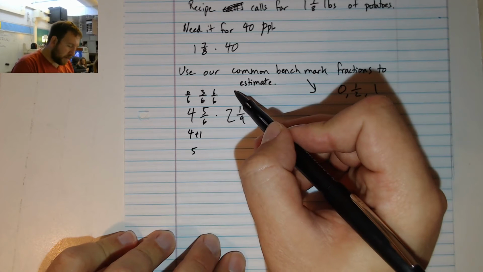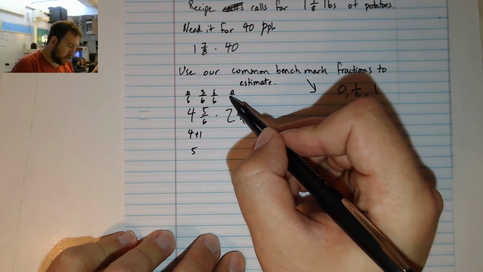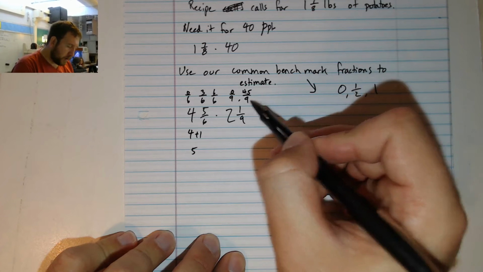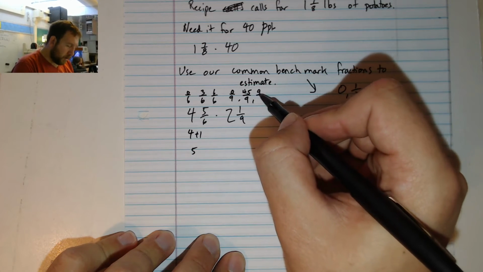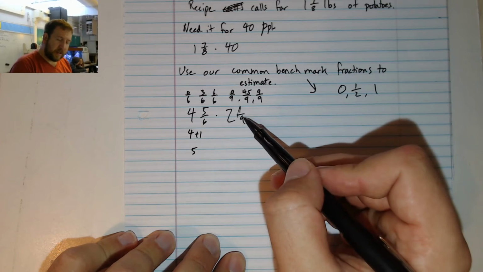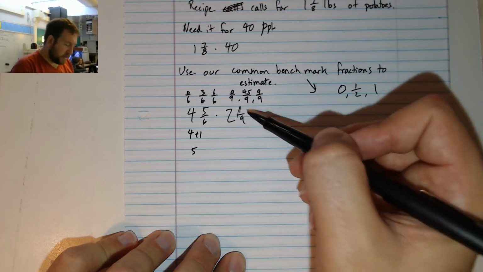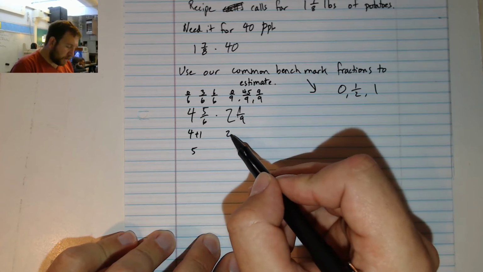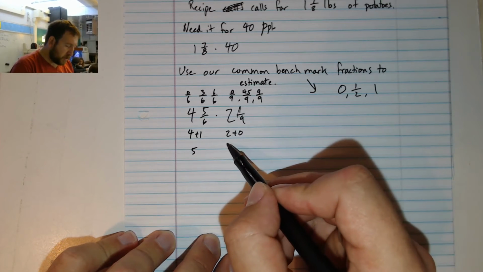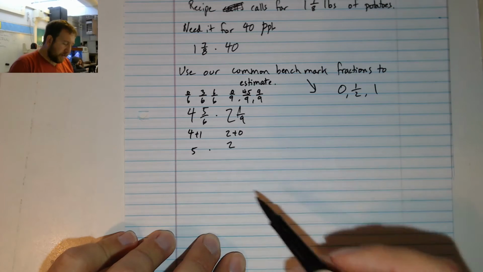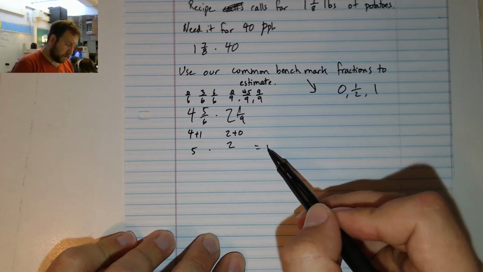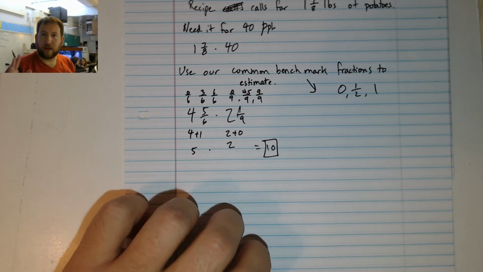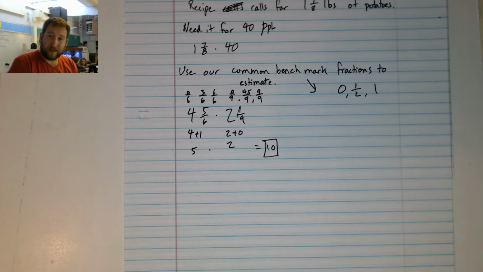I have 1/9, and I can ask, is that closer to 0/9, 4.5/9, or 9/9? But I can really see this is 1/9, and it's going to be much closer to 0 because it's only 1 up. So I can say this is like 2 plus 0, which is really 2. So now I have 5 times 2, which is 10. And that's already simplified and good to go. See how easy that was?